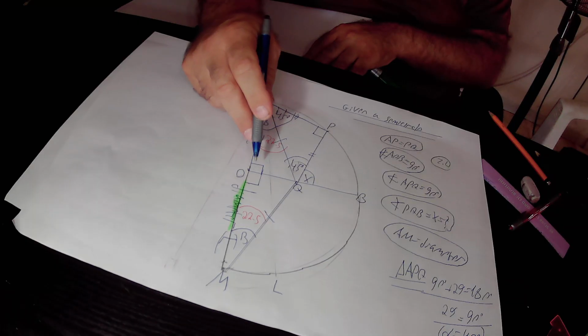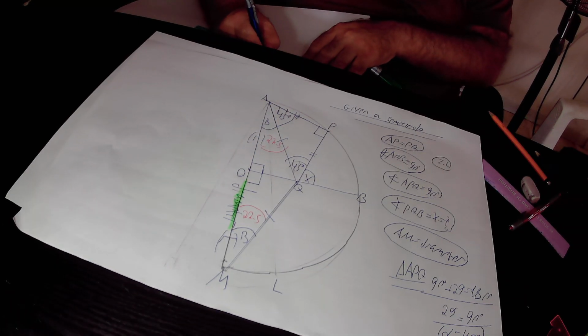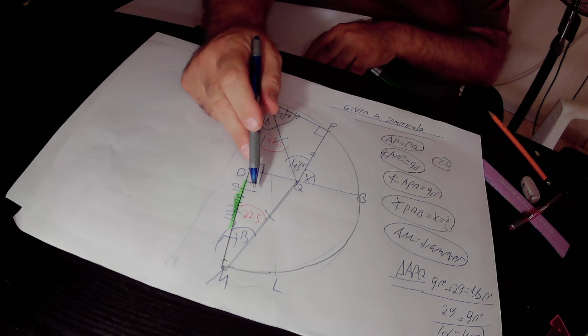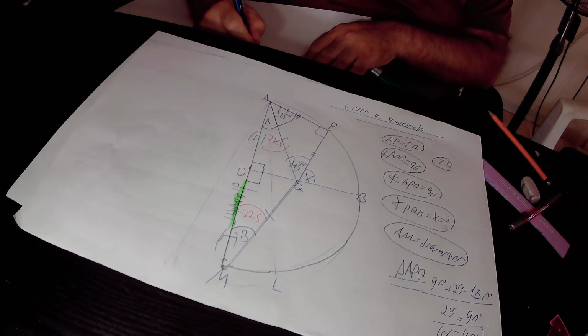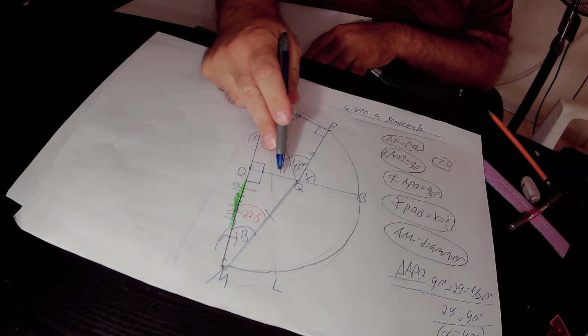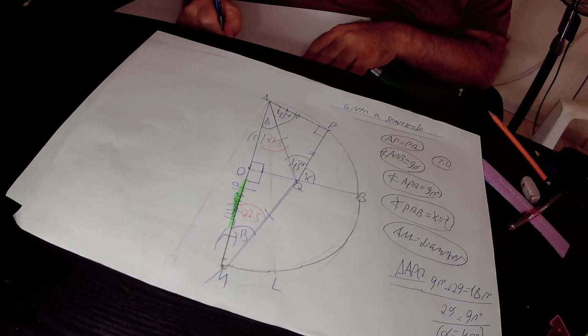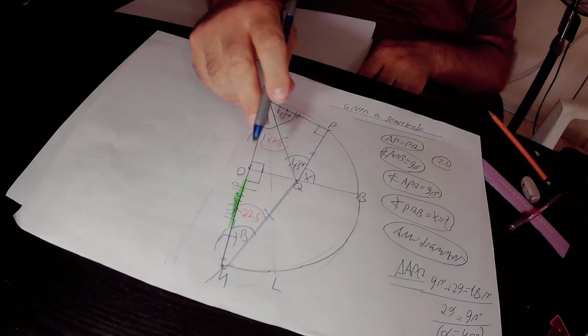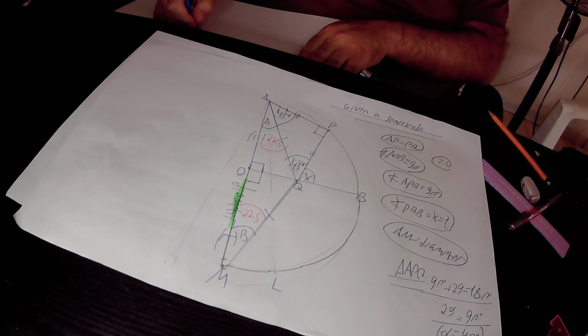We have this angle that is a right angle, plus this angle beta that is equal to 22.5 degrees in its size, plus the size of this missing angle, angle OQM. In total, the sum of those three angles must be equal to 180 degrees.